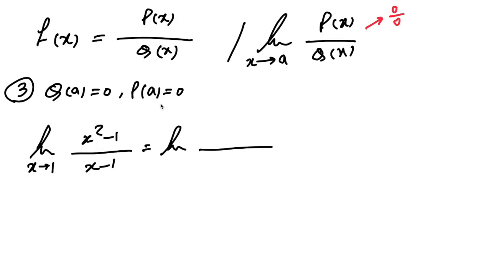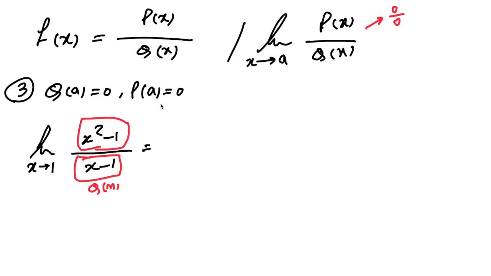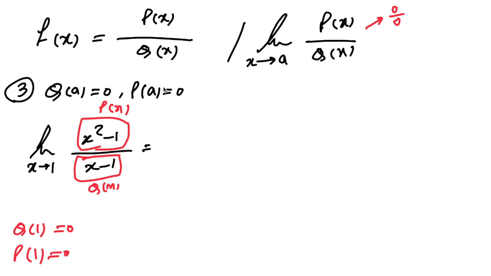So what is q of x? q of x is x minus 1, p of x is x squared minus 1. Now q of 1 is 1 minus 1, which is 0, and p of 1 is also 0. So it's a 0 over 0 situation. Now we need to simplify.